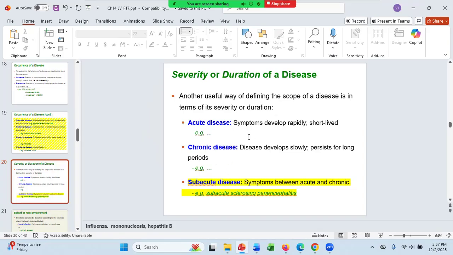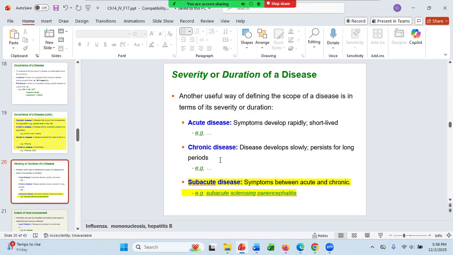That's a very good example of an acute disease, the cold. However, the influenza is also an example of an acute disease. It's a much more severe disease, but it does tend to develop rapidly and go away quickly, although you might have it for a month. It does tend to go away.